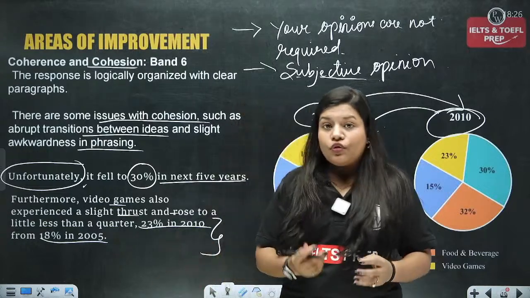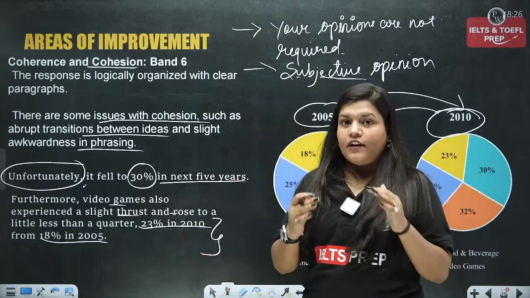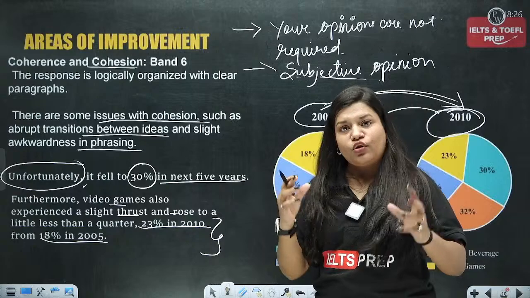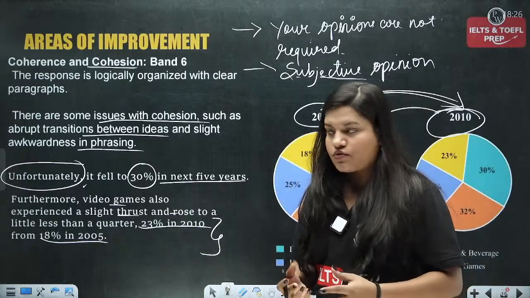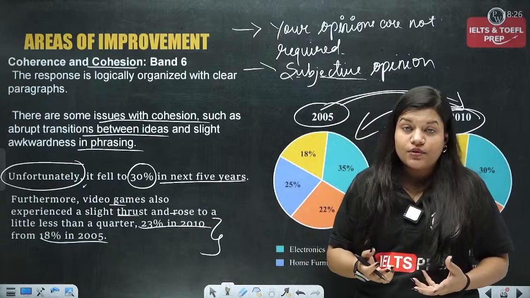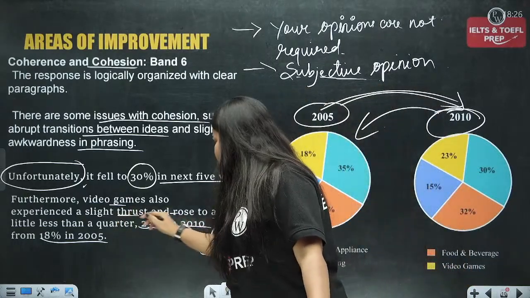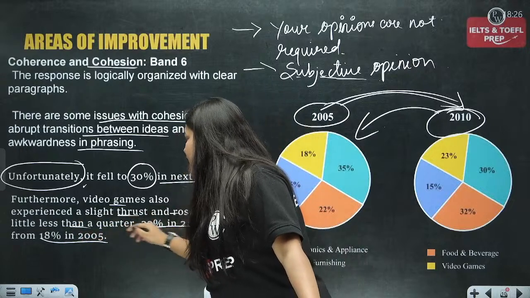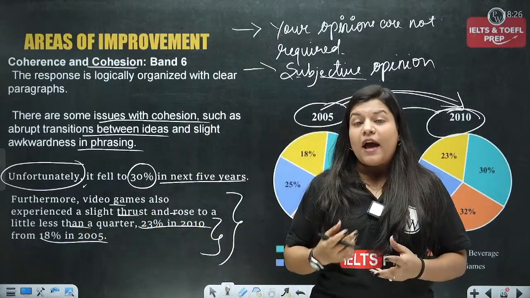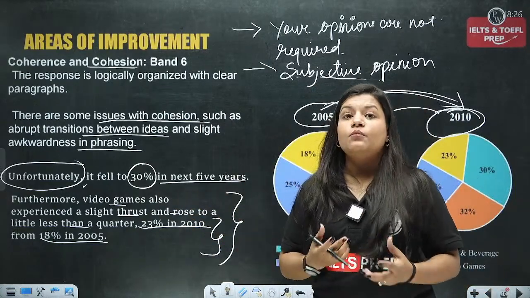Because so far the examiner was going and checking the answer well prepared that we have to compare this year through this year in order to get the results and the difference in the percentage, right? But here the student has done the reverse, which is making it unclear. Also, "slight thrust and rose to little less than a quarter." This kind of sentence could have been paraphrased and written more precisely.